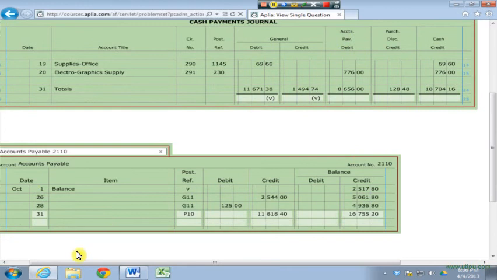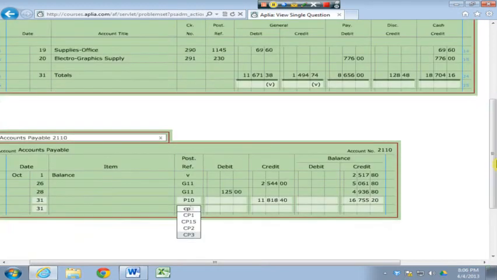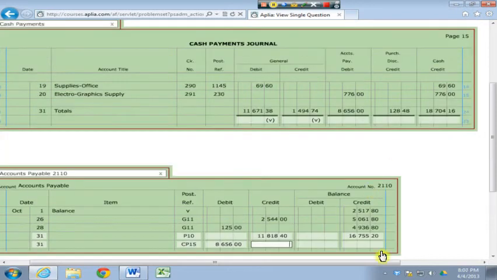And whenever we walk through this one, the date is the 31st. This is coming from CP15. This is a debit, so we're going to record it in the debit column. And because we had a credit balance, and this is a debit, because this is how much we have paid off on what we owed, we're going to subtract the two numbers.